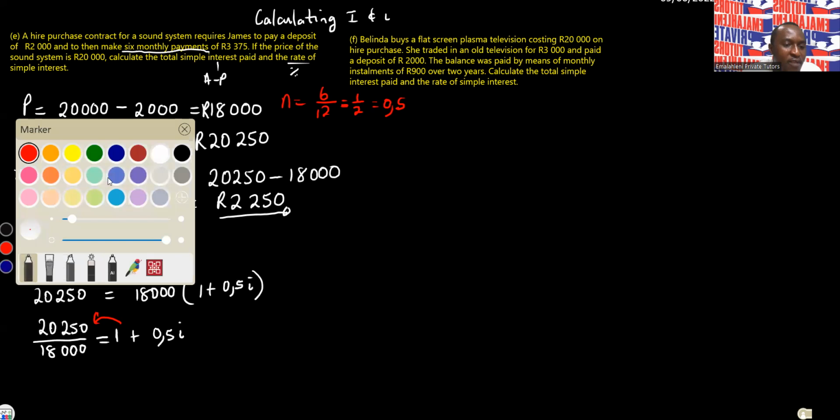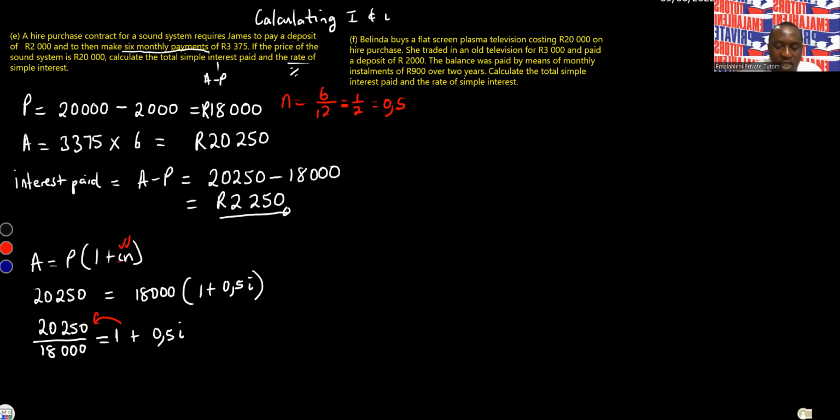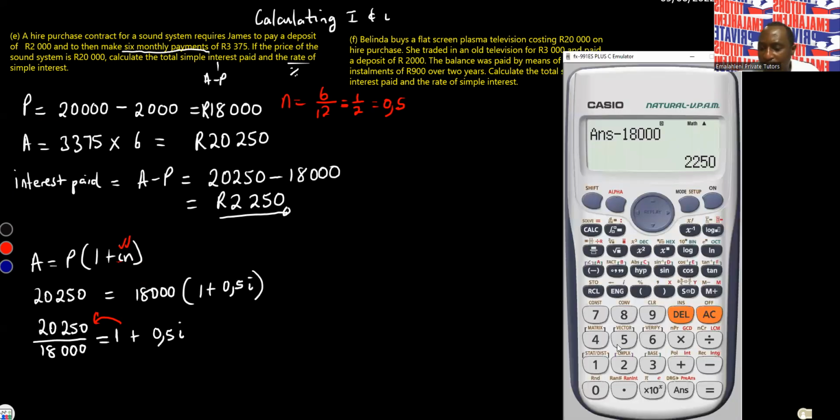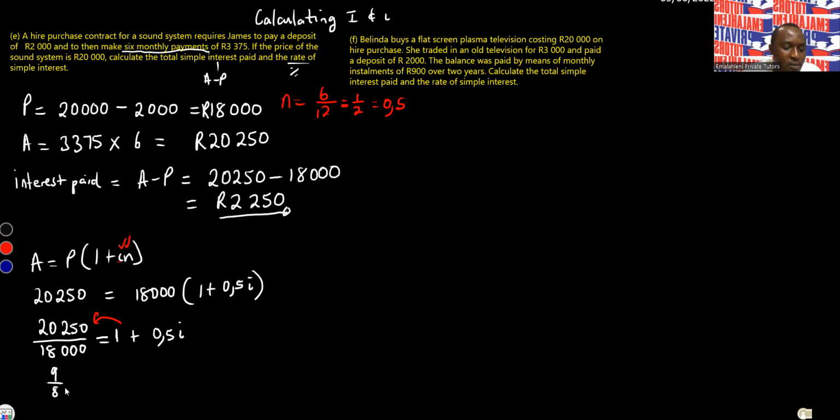We're going to be left with, let's see if we can get a simplified fraction, 20,250 divided by 18,000. What do we get? 9 over 8. So we're going to say 9 over 8 minus 1 is equal to 0.5 I.